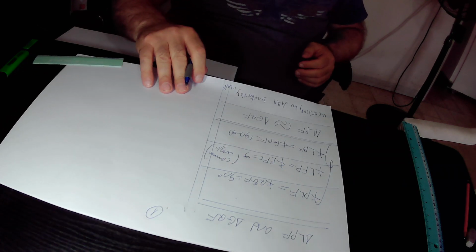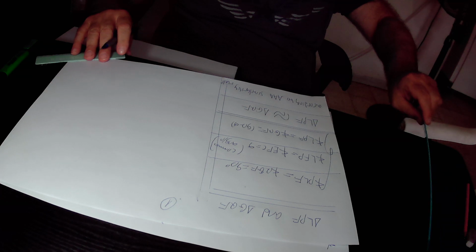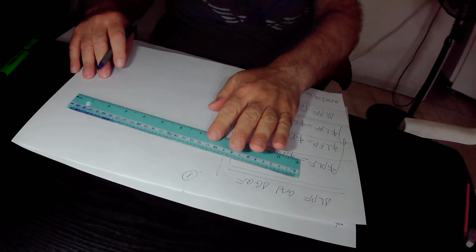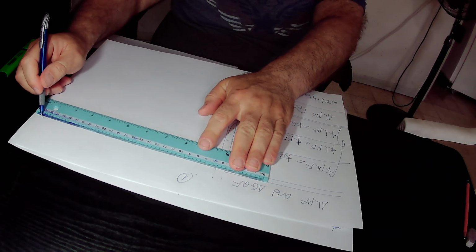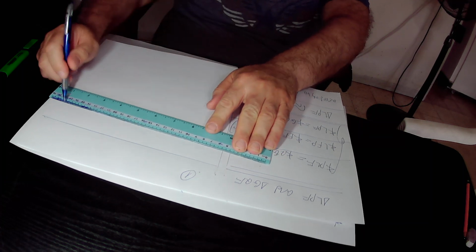And from the fact that the two right triangles are similar to each other, we will derive that the following relationship exists between their sides.